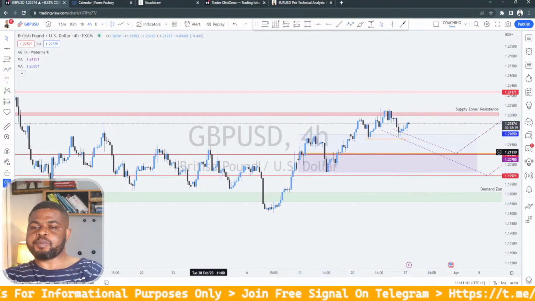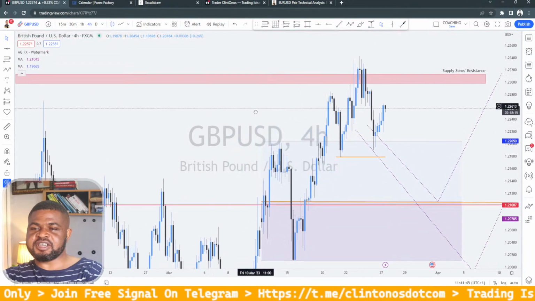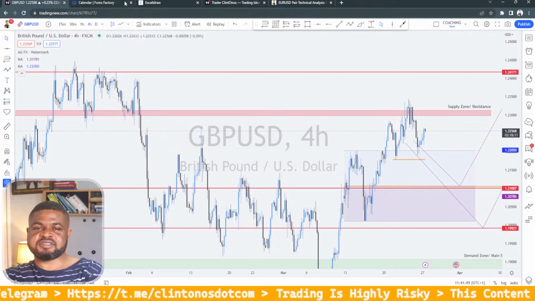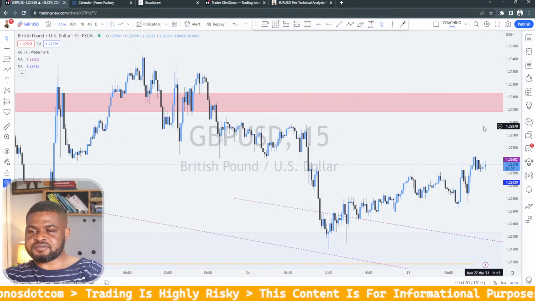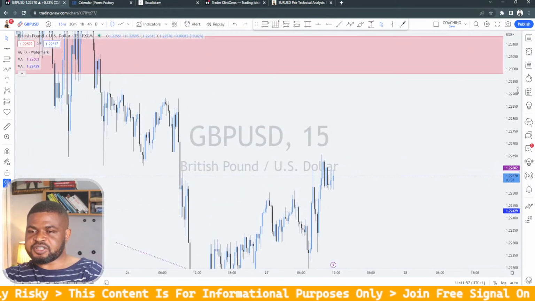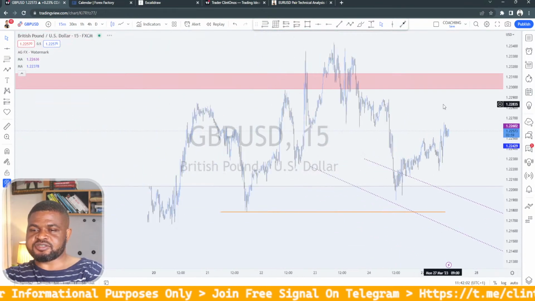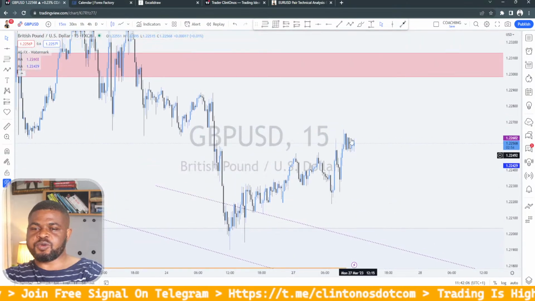So no panic. My expectation is still very intact. I look forward to seeing price reject, and if I see a pattern on a lower time frame, 15 minutes for entry, I'll trigger for a sell. But am I participating in the buy now? Not at all. I'm waiting for price to go up.